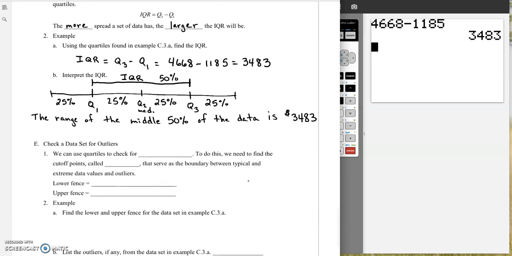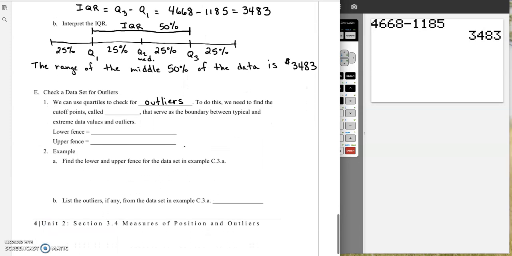Why the interquartile range is important is because we need it to be able to check for outliers. To do that, we need to find the cutoff points, which we call fences. The fences serve as the boundary between typical and extreme data values, which are also called outliers.